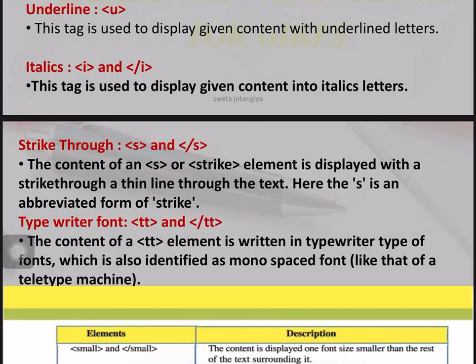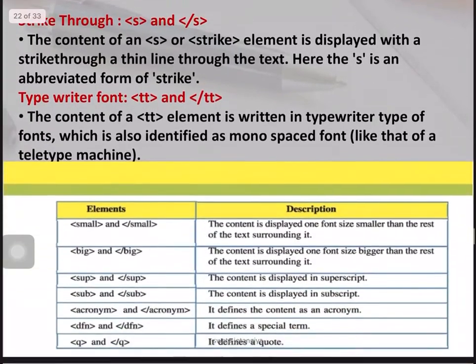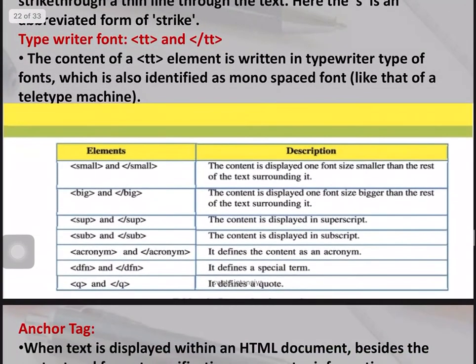Here the S is an abbreviated form of strike. Typewriter font, TT. The content of a TT element is written in typewriter type of font, which is also identified as monospaced font, like that of a teletype machine.